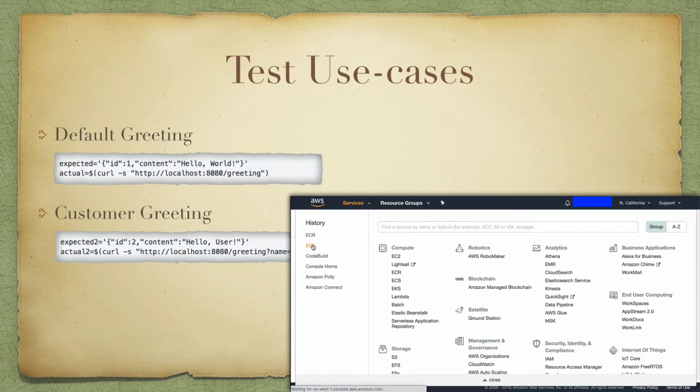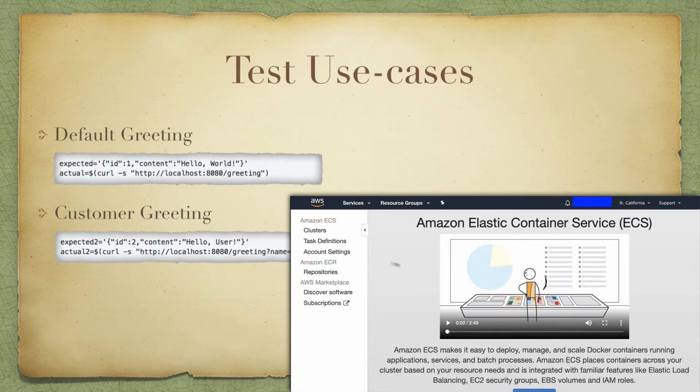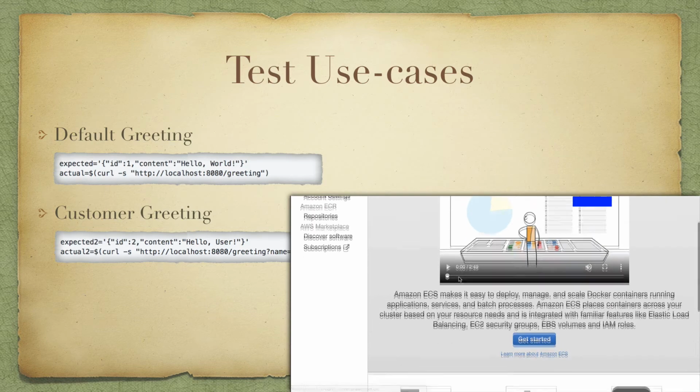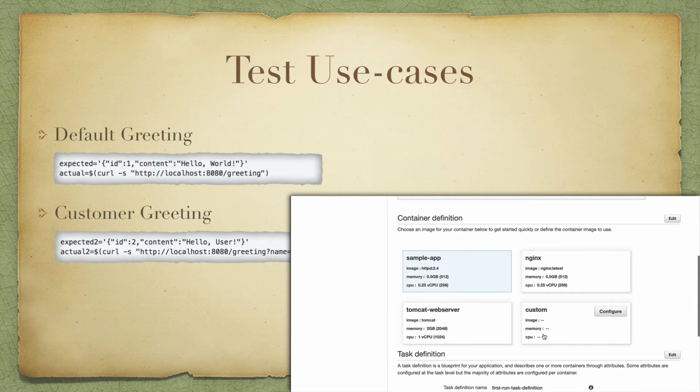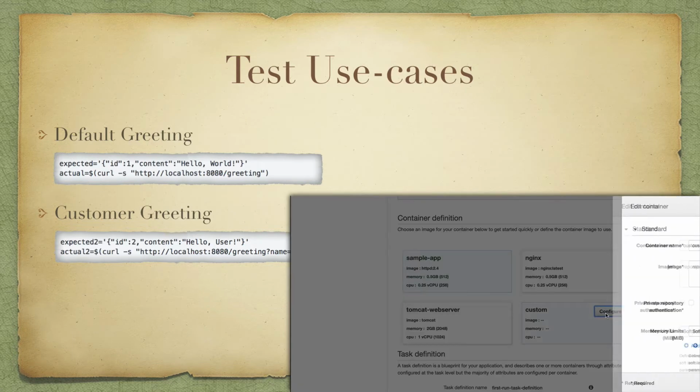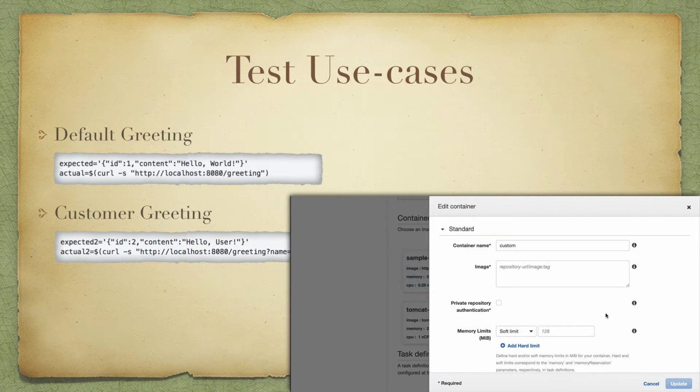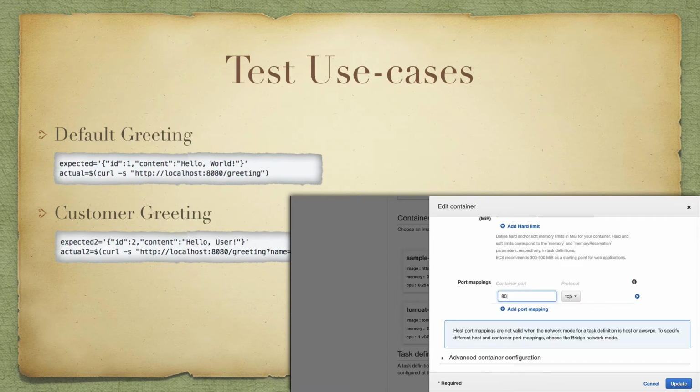Now, I am going to navigate to Elastic Container Service. Get started. Scroll to select a custom cluster. Put in the name, hello, and paste the repository address. Scroll down and input the port number that will be mapped to the outside world.